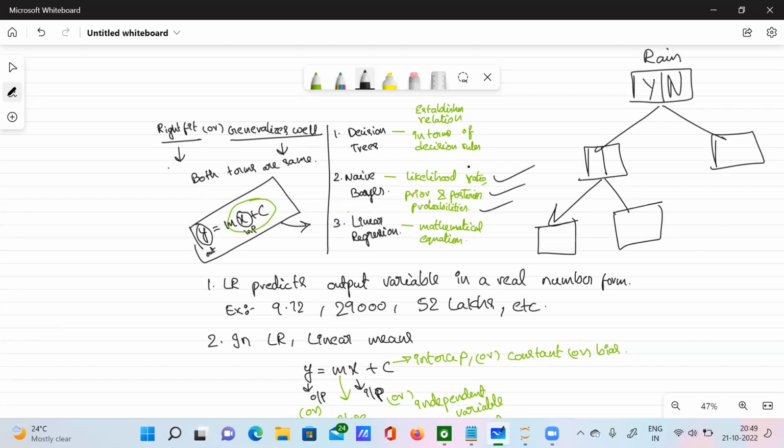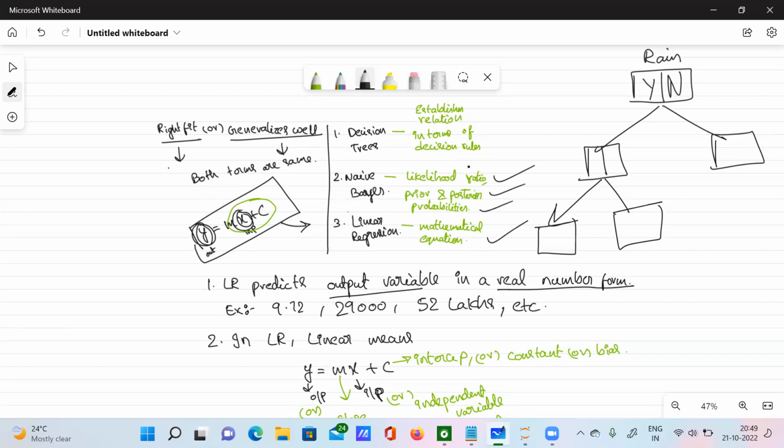Linear regression establishes the relation between the input and the output variables using a kind of mathematical equation, right? So linear regression will always predict the output variable in real number format only.